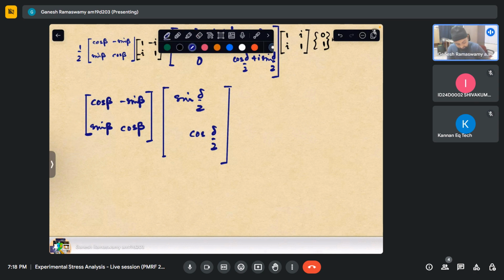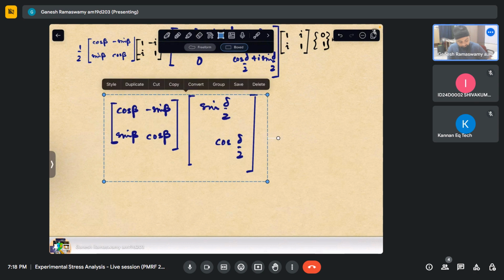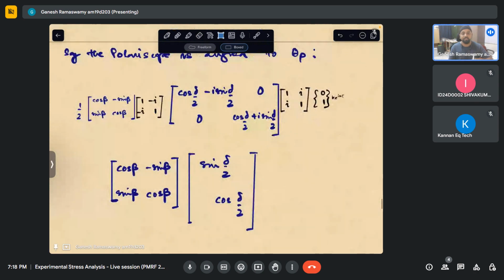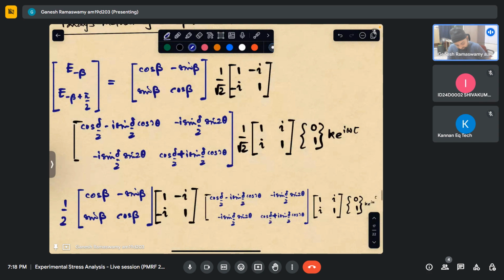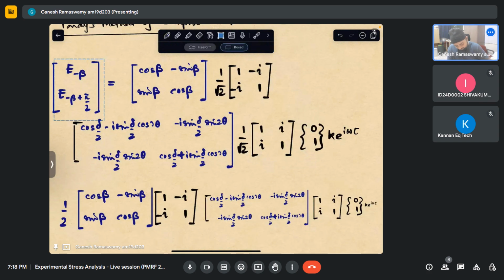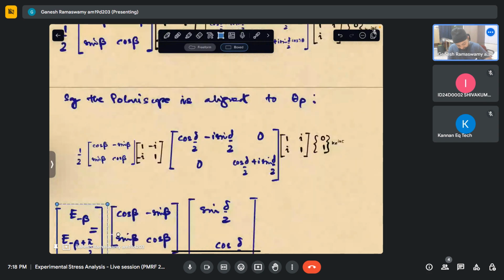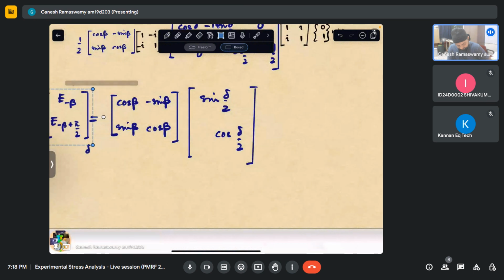That is the way it will be. I encourage you to multiply this once and check this for yourself, it will come out to be this. Okay, so what does this expression give us? Actually, it gives us this quantity.